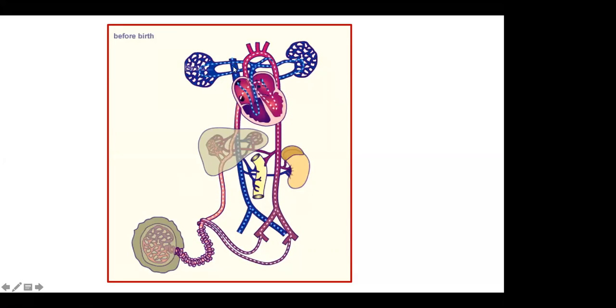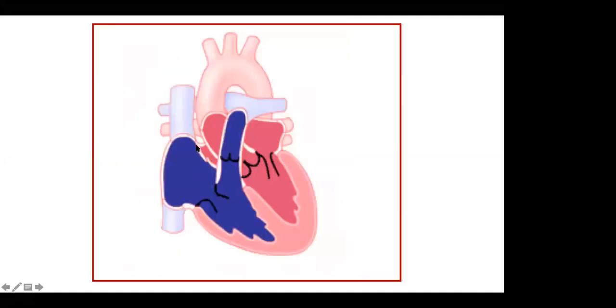While the blue blood that comes to the SVC, superior vena cava, goes to the right ventricle, from the right ventricle mainly to the PDA, down to the arterial system, then goes back through the 2 umbilical arteries, back to the placenta. After birth, this fetal circulation will change because the heart is now septated.